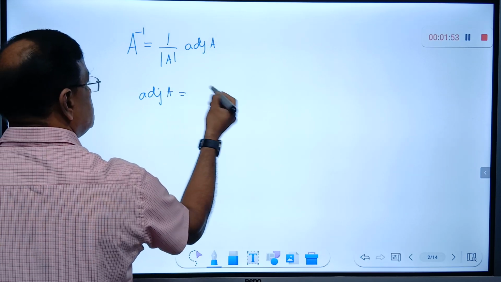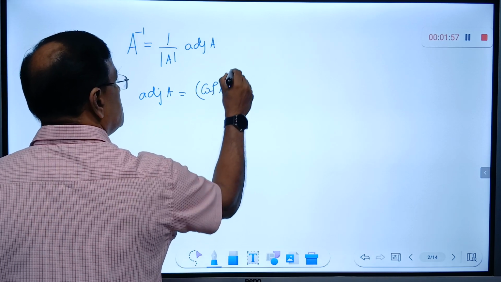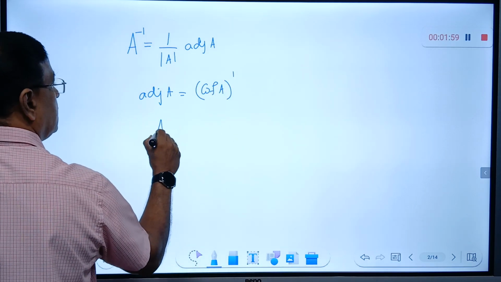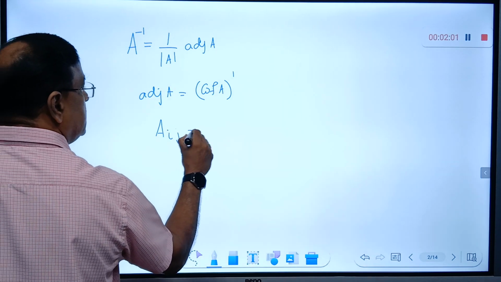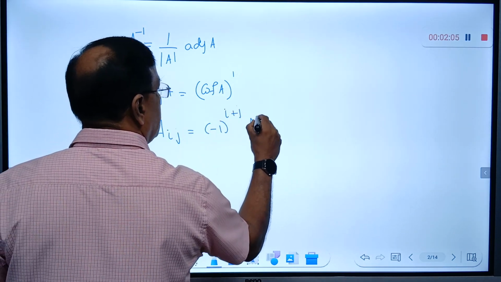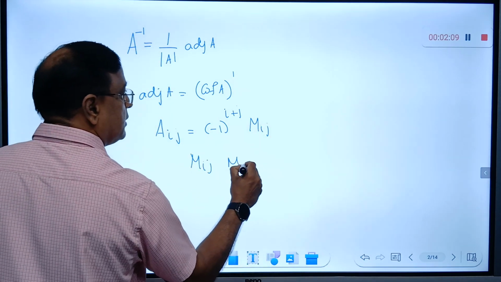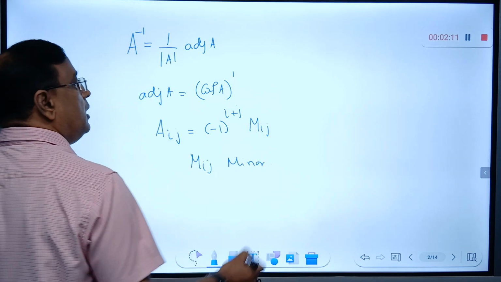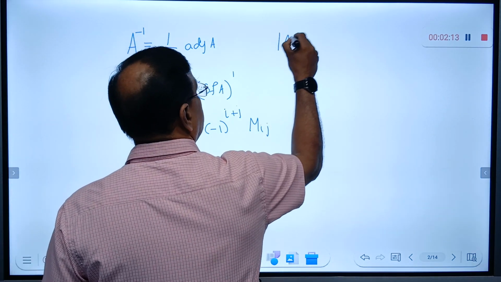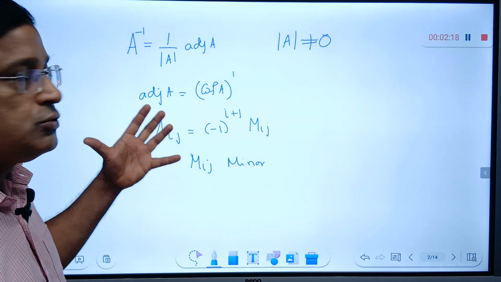Adjoint of a matrix is defined as the transpose of the cofactor matrix, and we talked about the cofactor. Cofactor is denoted as Aij, which is (-1) to the power of i plus j into Mij. And what is Mij? Mij is the minor. And A inverse will exist only when determinant is not equal to 0. So it is very important, you should know all this.